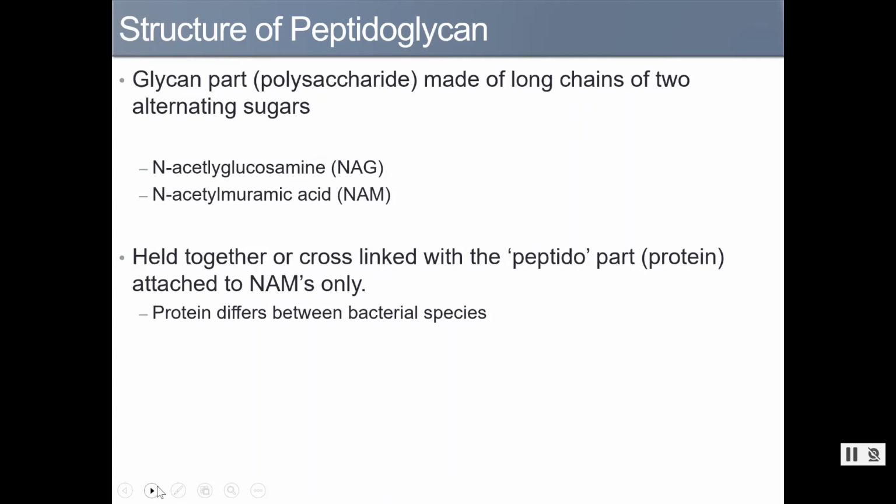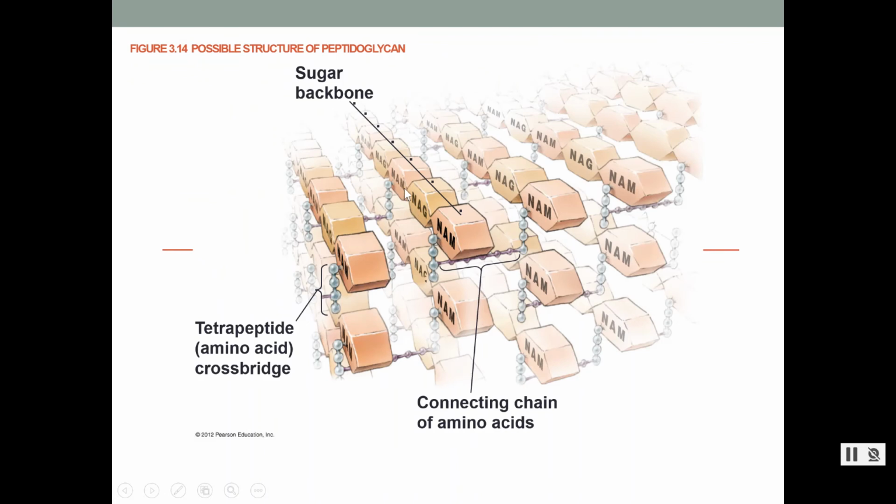NAG and NAM repeat and make long chains of sugars, and then the protein portions connect one NAM to another, front, back, side together. Instead of long strings of sugars, which can easily be broken, you bind all these strings together into a very strong rope-like structure. This is why these cell walls can be so rigid and provide such good protection for prokaryotic cells.